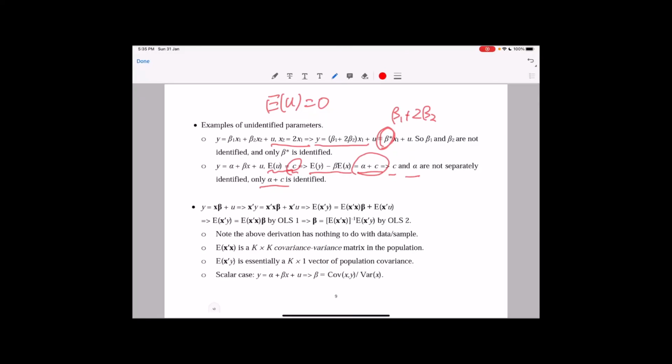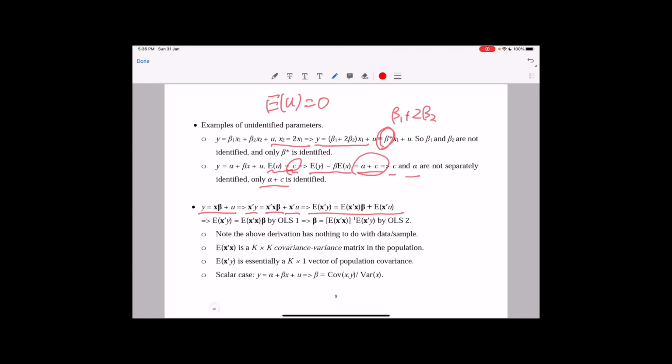Let's show why beta is identified under these two assumptions. y equals x beta plus u. If we multiply by x prime on both sides, x'y equals x'x beta plus x'u, then we take the expectation.